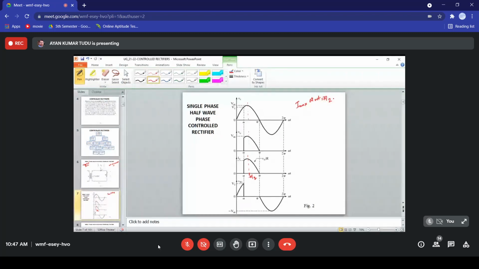At this condition the input supply voltage is also maximum.